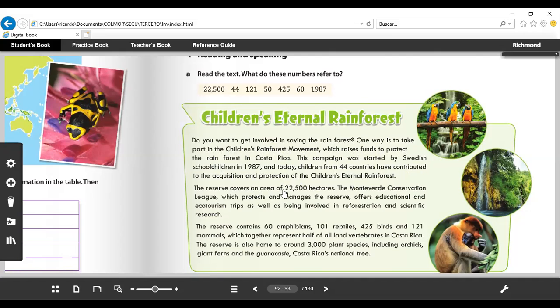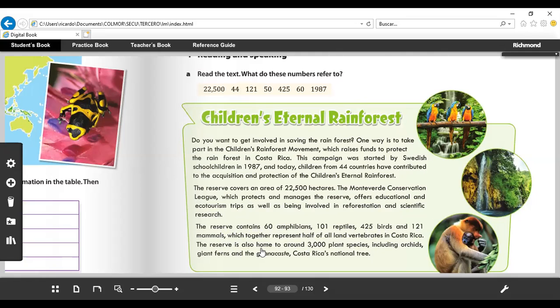The reserve covers an area of 22,500 hectares. The Monteverde Conservation League, which protects and manages the reserve, offers educational and ecotourism trips, as well as being involved in rainforest and scientific research. The reserve contains 60 amphibians, 101 reptiles, 425 birds, and 121 mammals, which together represent half of all the vertebrates in Costa Rica.